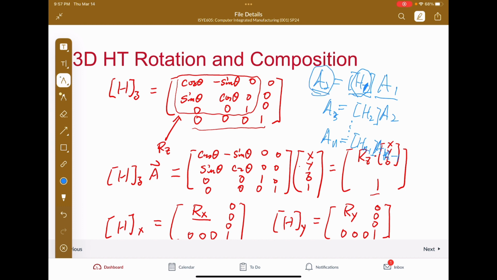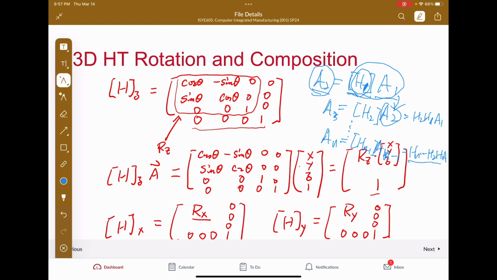This is a2. You replace a2 by using h1 and a1, substitute it. You will get h2, h1, a1, right? Same thing for the n. What you will get is hn, ..., h2, h1, a1, right?